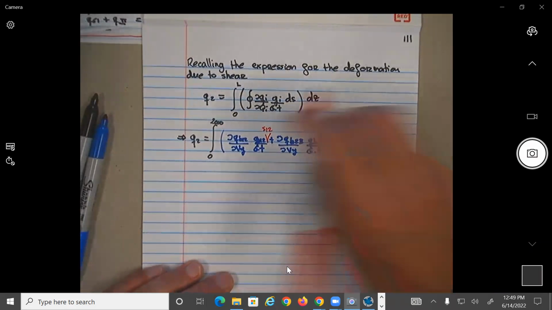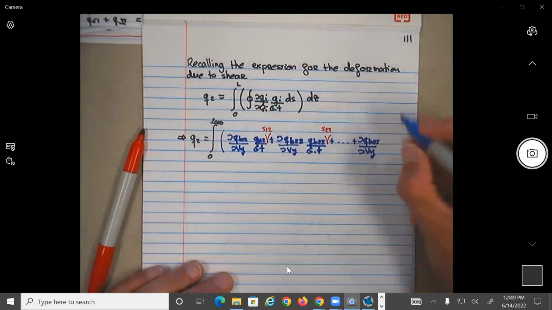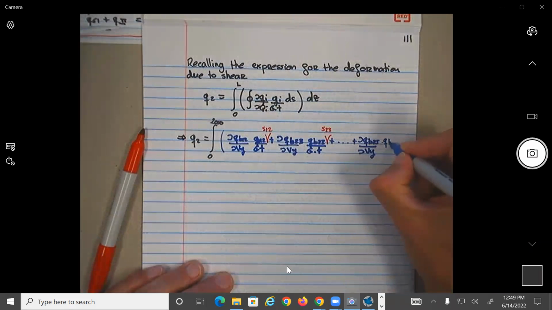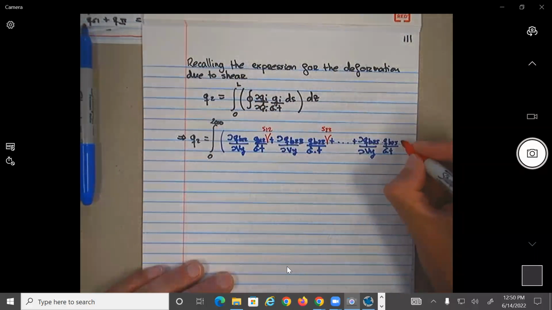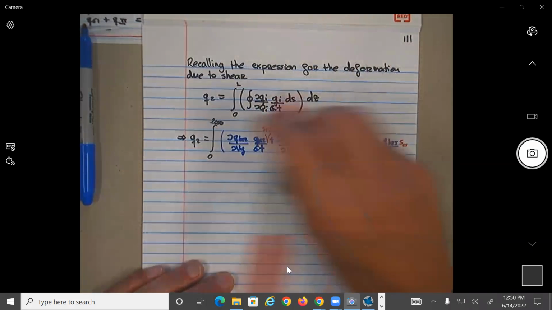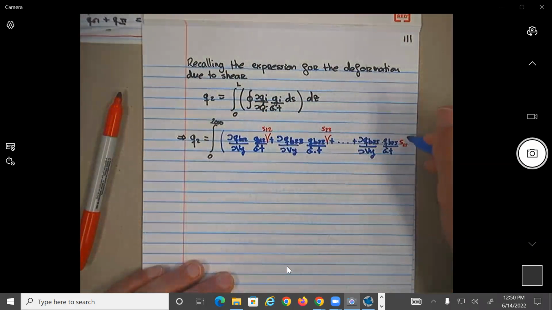This one will be QB25 over GT, S25. And here you're gonna have the dz.